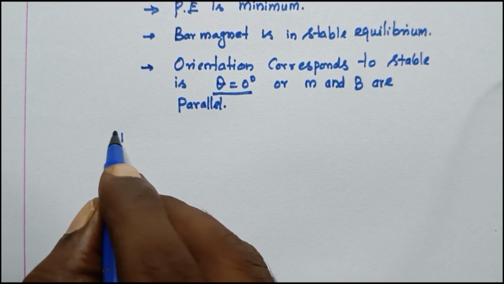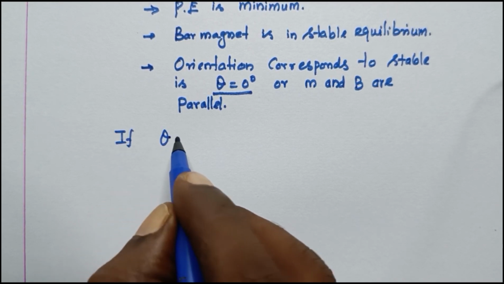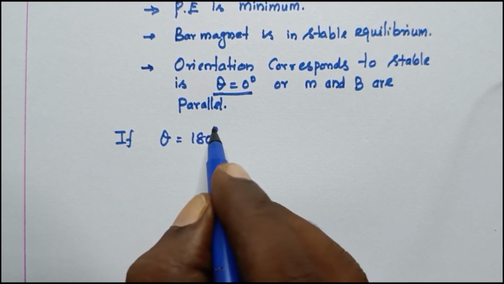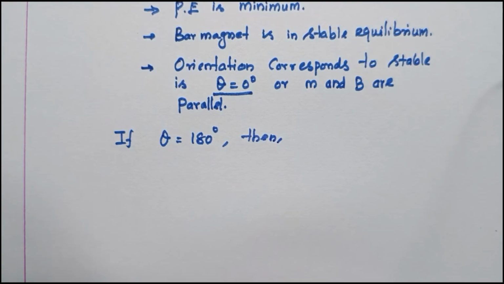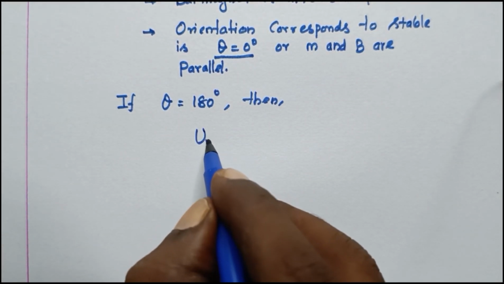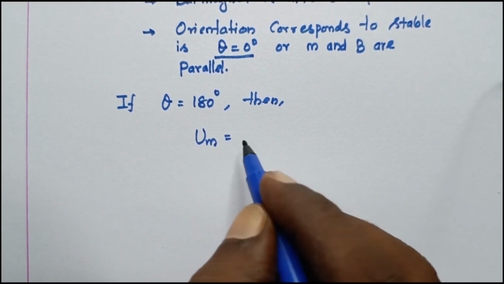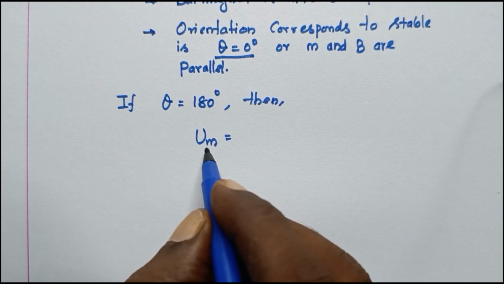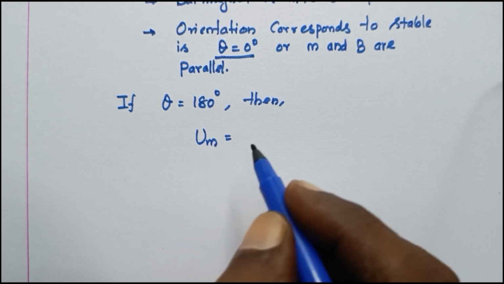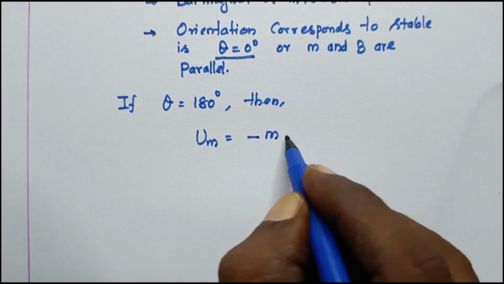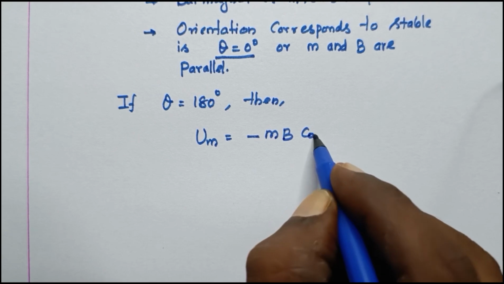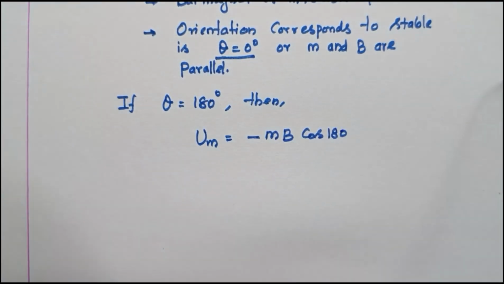Similarly, if theta is equal to 180 degree, then U_m, the magnetic potential energy, is equal to minus m b cos 180 degree.